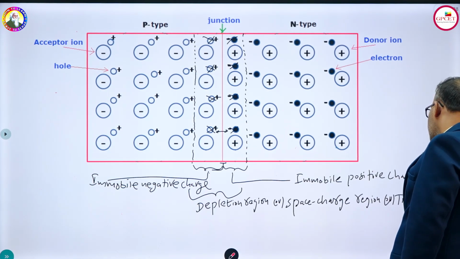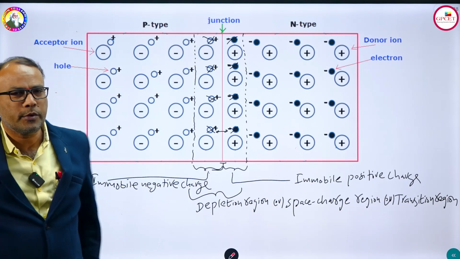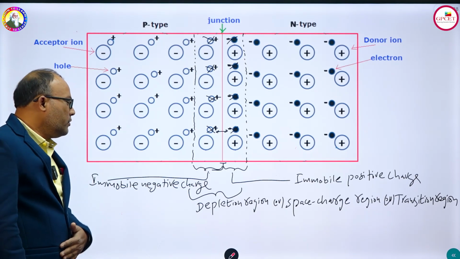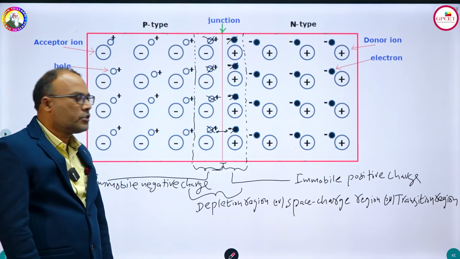It is also called the space charge region, or the transition region. So it can be called by three names: depletion region, transition region, or space charge region.